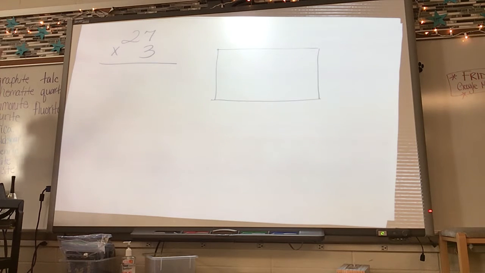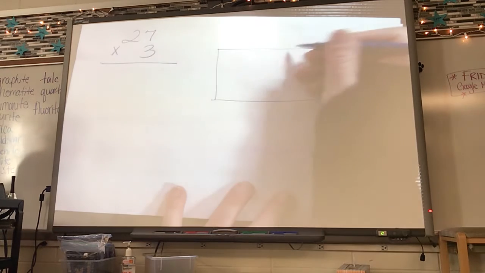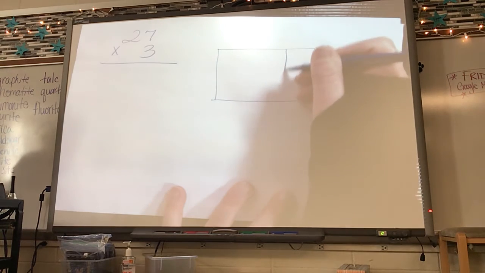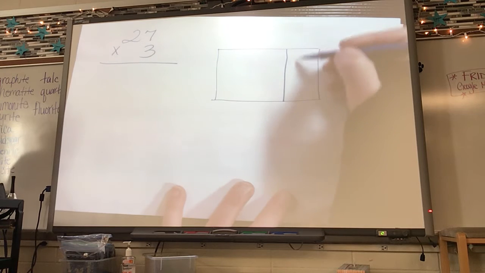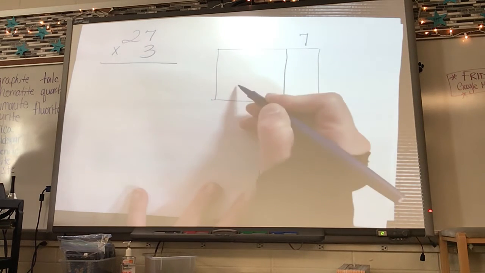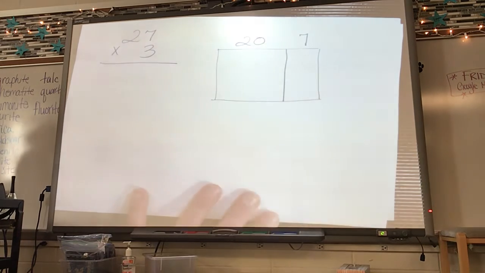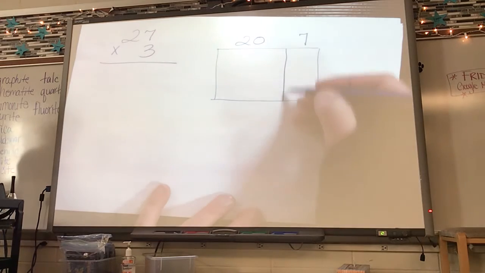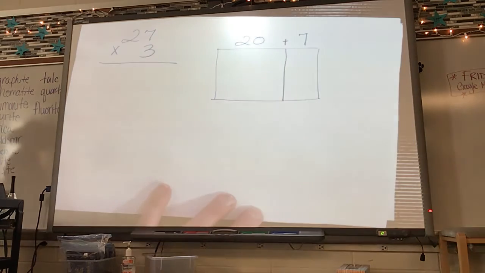Question, which number's bigger, 20 or 7? 20. So we're going to divide this rectangle right here, and this part is going to represent 7, and this big part here is going to represent 20. Good. Now this line here, you're going to put a little plus sign.